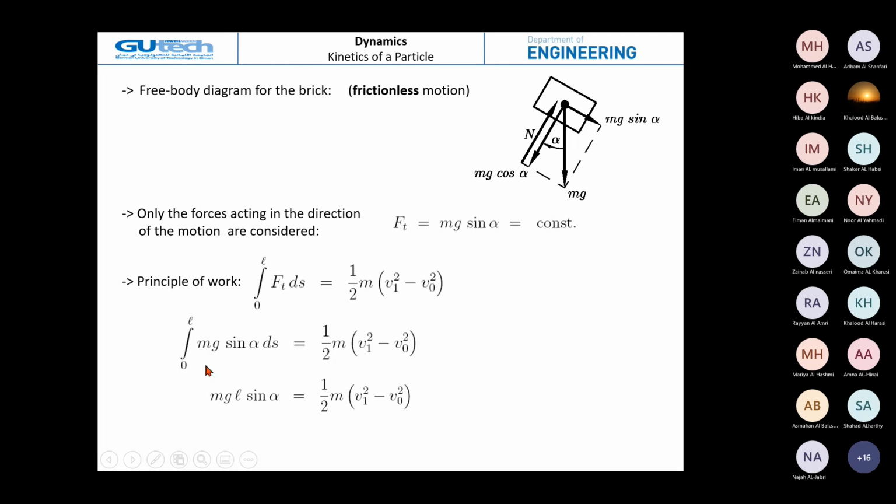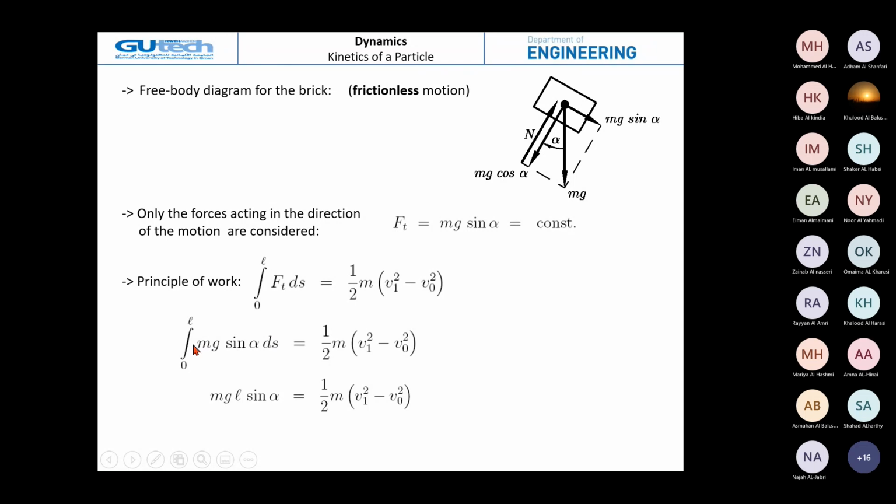Now, if we integrate this one, we have Ft given by this expression here, then we have mg sine alpha. These are all constant. That means we have to integrate from 0 to L ds.